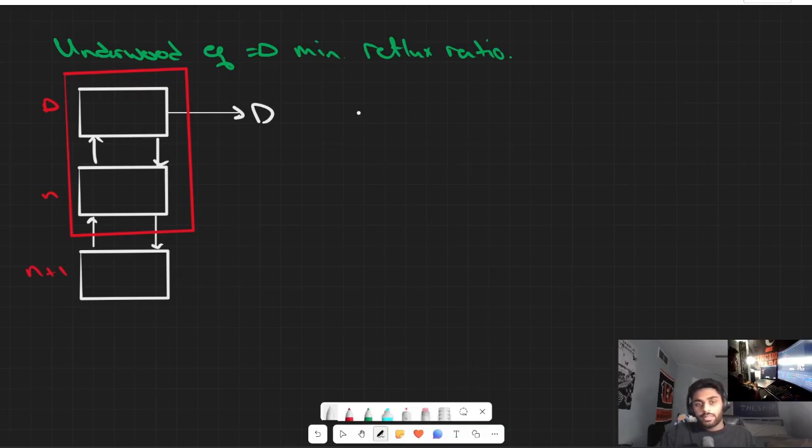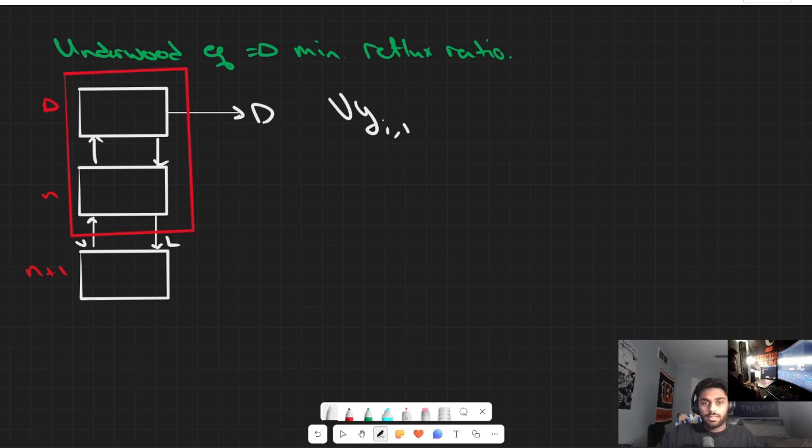We have a vapor flow rate, this is my vapor flow rate, and here is my liquid flow rate. This vapor flow is coming from the stage below, so that's going to have a mole fraction. So y_{n+1}, and I'll specify that this is some component i because we might have a multi-component distillation.